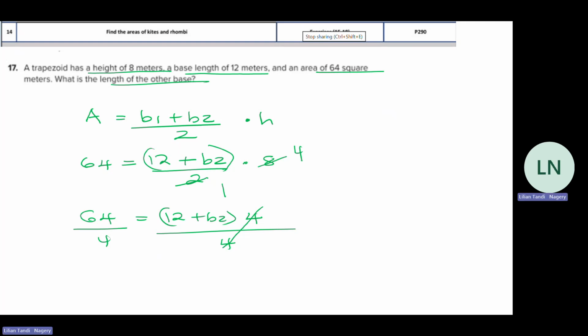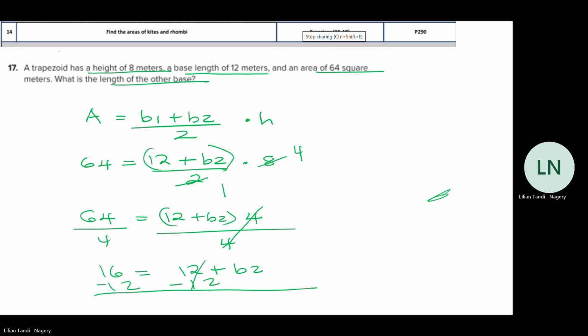It would be 16. So 16 equals 12 plus B2, minus 12, minus 12. I get 4 equals B2.